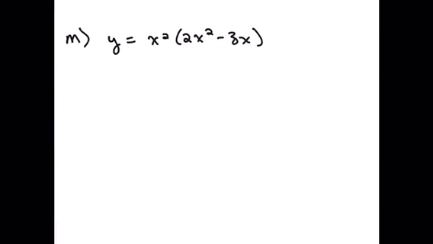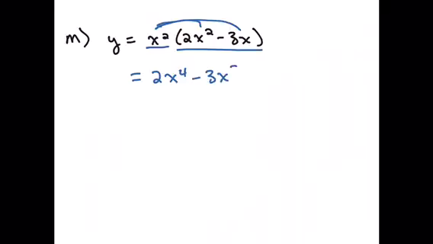And here's another one. Well, now I want to power rule this, but there's multiplication going on here between x squared and everything in the parentheses. So in order for me to apply the power rule, I need to distribute this x squared. And when I do that, I get 2x to the 4th minus 3x cubed. And now it's a simple power rule problem.